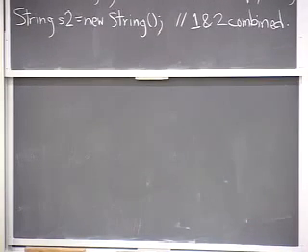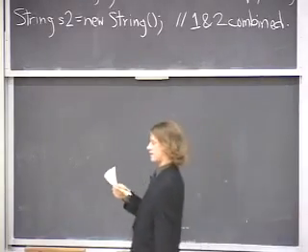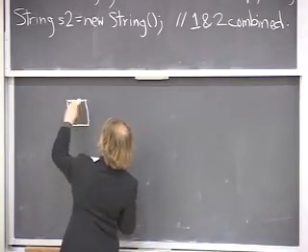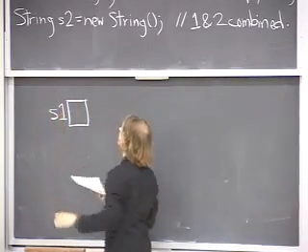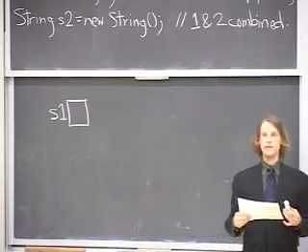So maybe you recall from last lecture that what these lines do is the first line declares a box, which is a variable named s1 that can store references to strings.